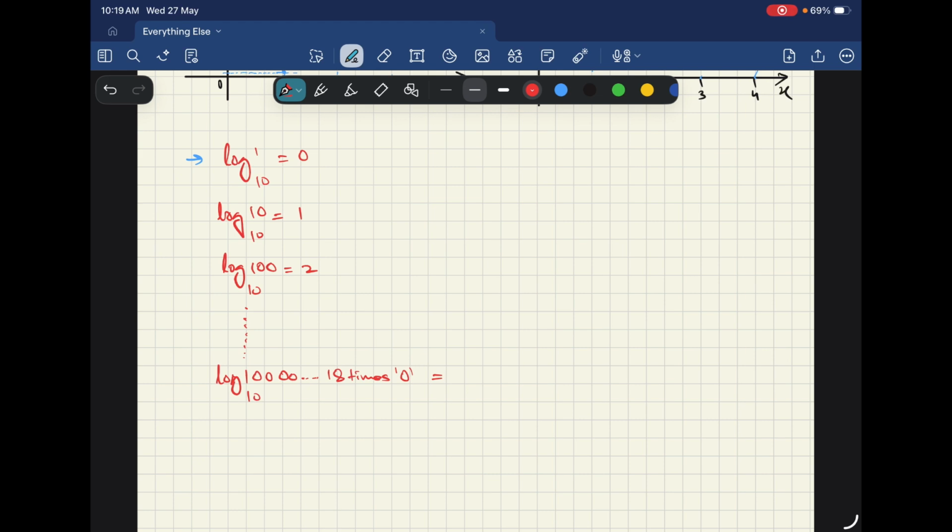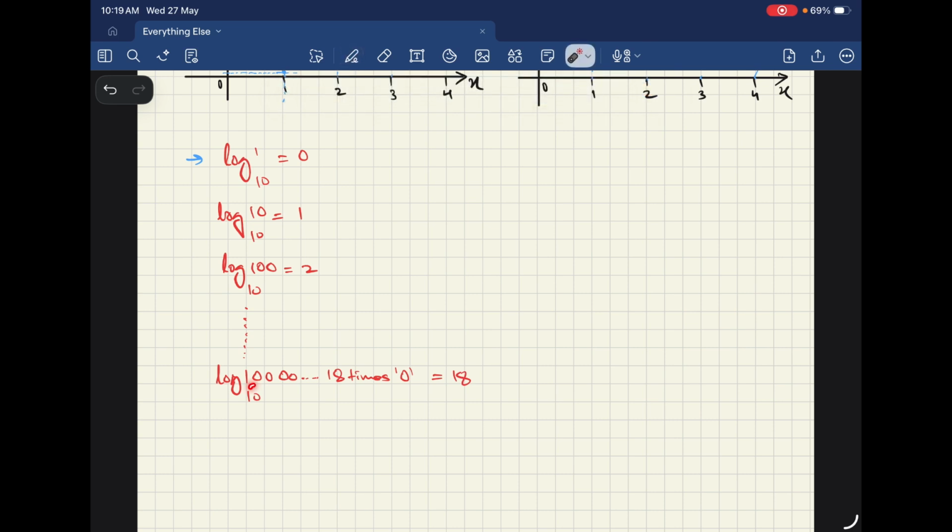That is just 18. You see, if we had to write the full number, it would have been a very difficult task. Not impossible, but a very long task. But in terms of logarithm it is just a 2-digit number.